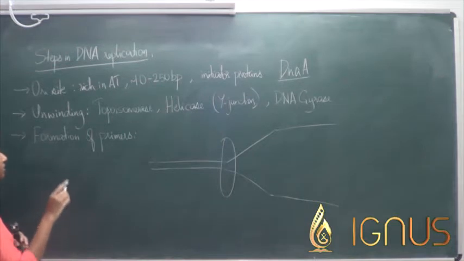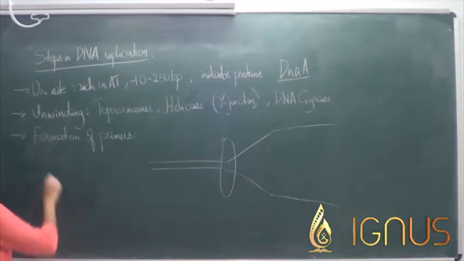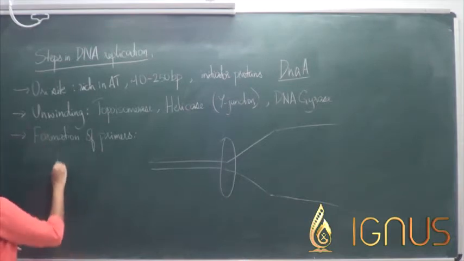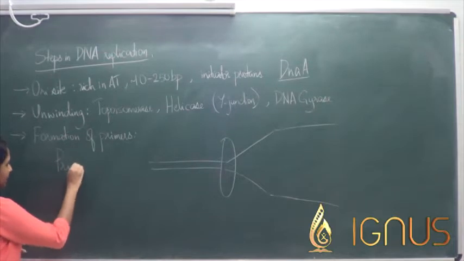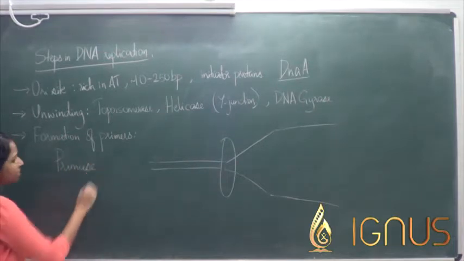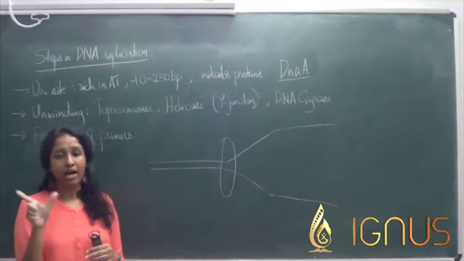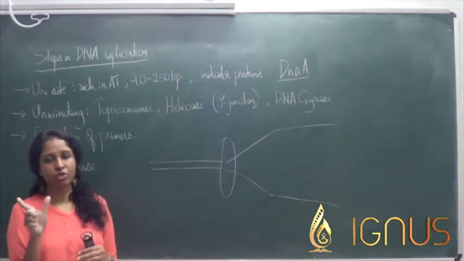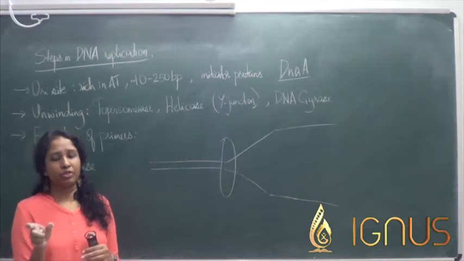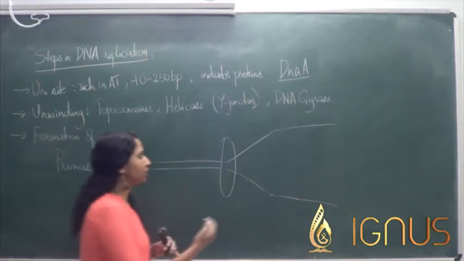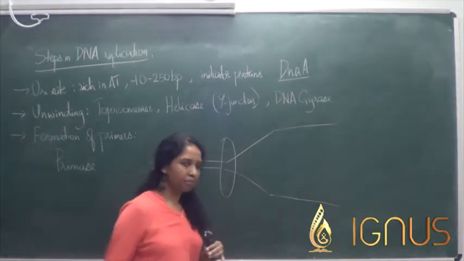Okay, once the unwinding has occurred, you will have formation of primers. Formation of primers is going to be carried out by the primase enzyme, and primase is going to add short length RNA sequences. So it's going to be ribonucleotides and not deoxyribonucleotides which will be added, and those will be complementary to the single strand template DNA.